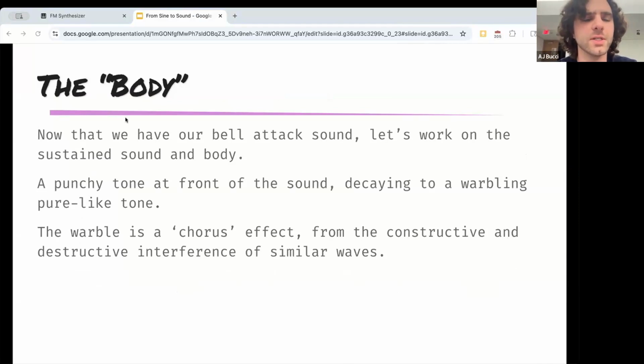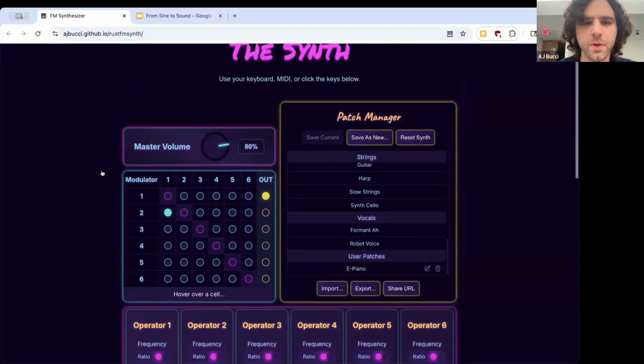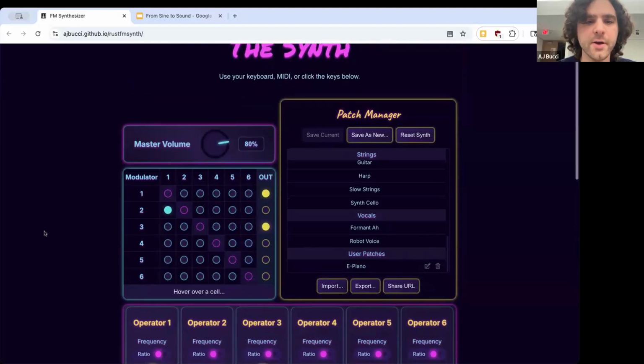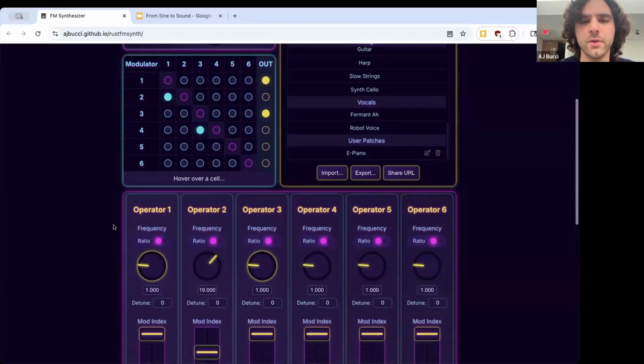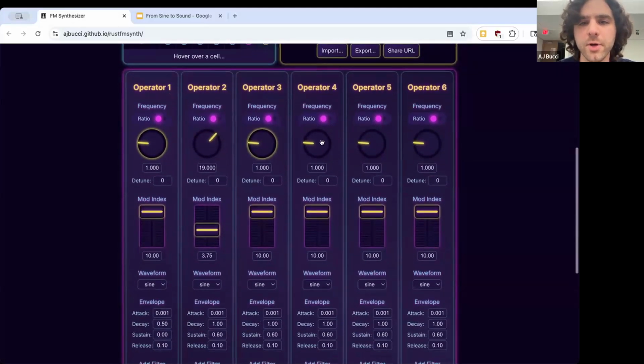It definitely wasn't dissonant, so we're not going to do anything crazy. Let's start with that. All right. So we'll add another carrier, and then we'll modulate that other carrier with another operator, another waveform.